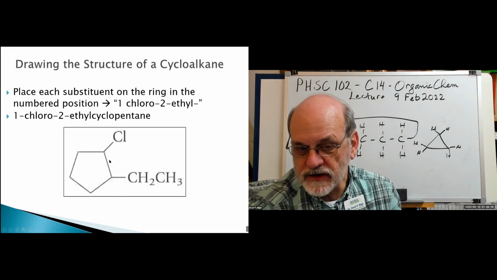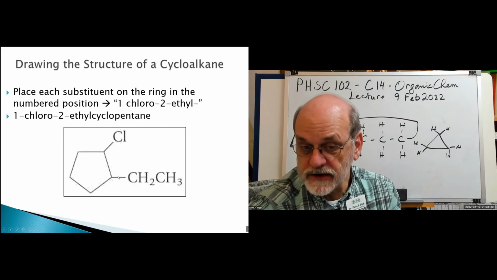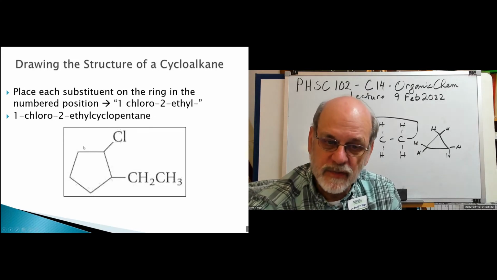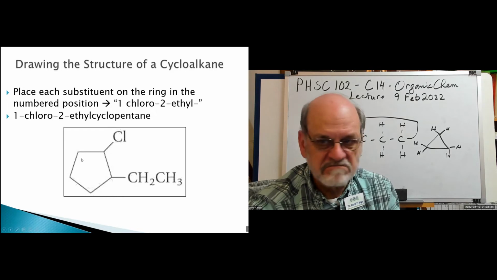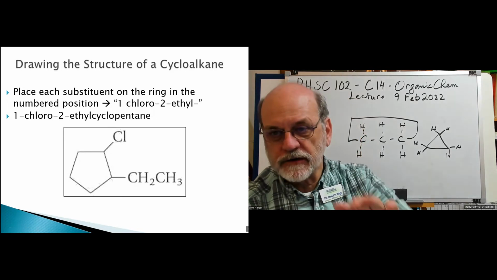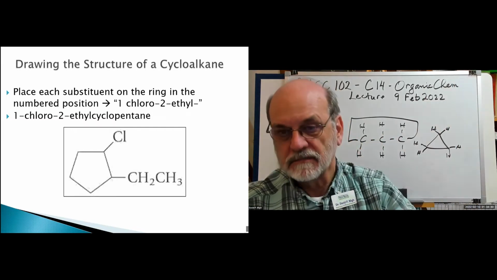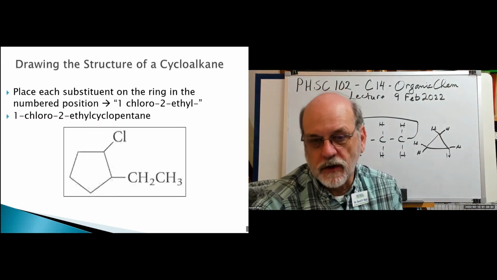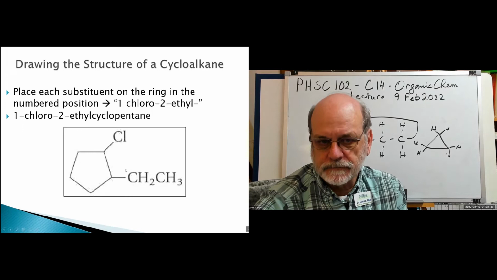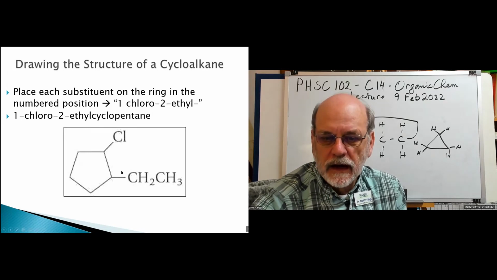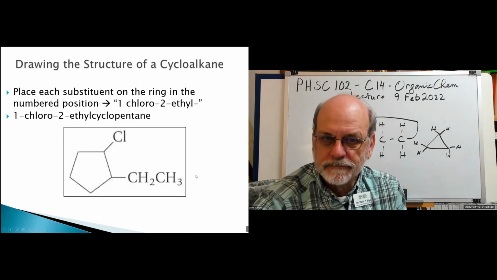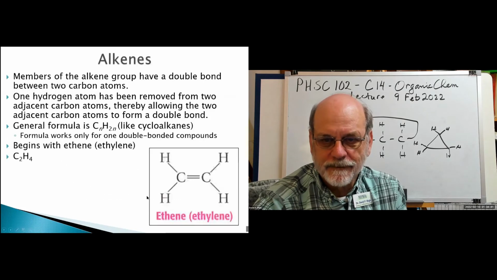And then the 2 position is, if we go clockwise, is here. If we went counterclockwise, it'd be here. So are those different? No. All you have to do is take that molecule, flip it over, and you got the other direction. So they're the same. And 2-ethyl goes here. Okay.